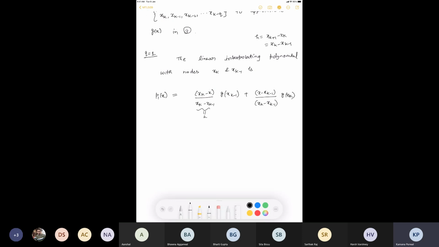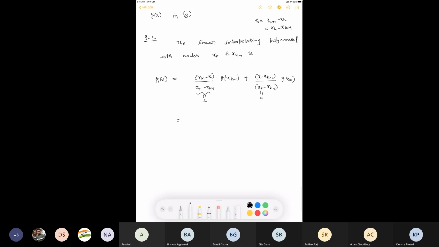So this is also h and this is also h. Note that I have taken the minus sign out: we would have had xk minus 1 minus xk, and in the numerator x minus xk, so I've just cancelled the minus sign so that I can have h here. So basically we have 1 by h times [(xk minus x) g at xk minus 1 plus (x minus xk minus 1) g at xk]. So this is what p1(x) is.